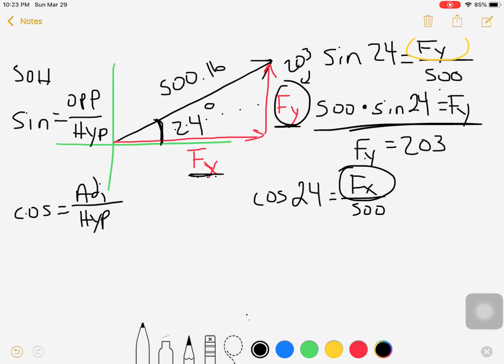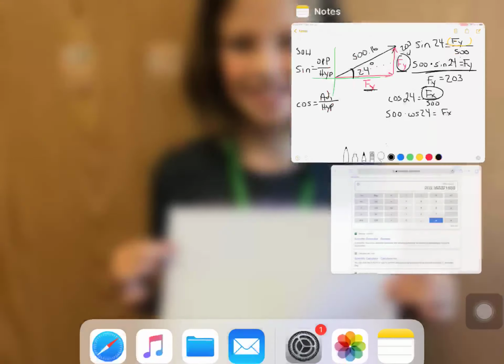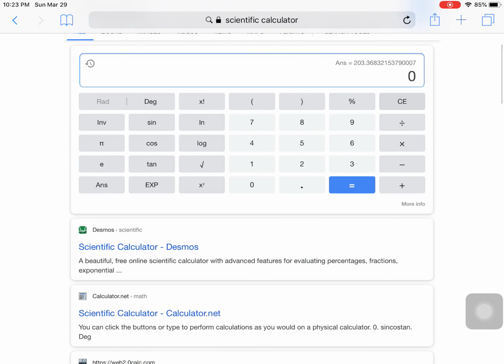Again, we're trying to solve for this variable. So we're going to multiply both sides times 500. 500 times the cosine of 24 equals Fx. So let's go back to our calculator. Clear this. 500 times the cosine of 24 and we get 457.